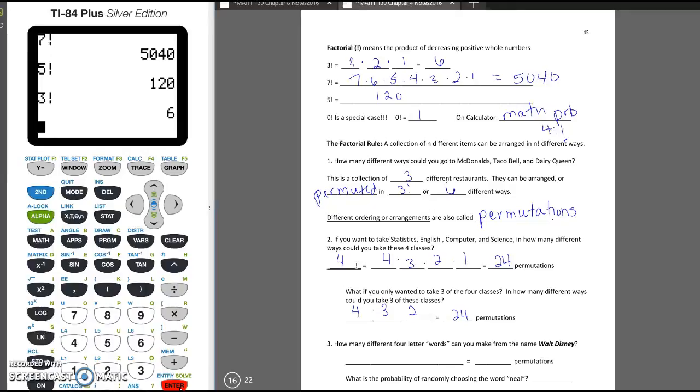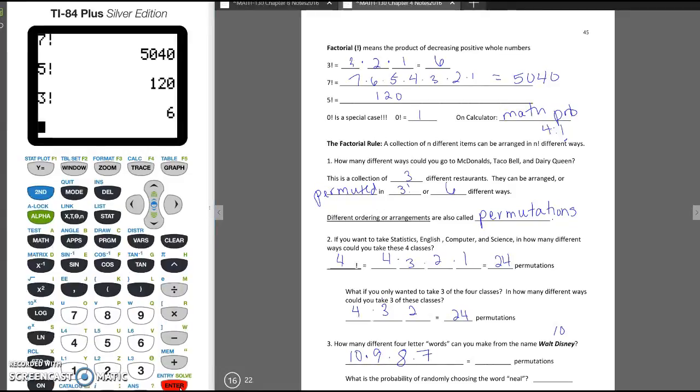Because whatever that last class would be would be given. So another way that you could say it is, how many different 4-letter words could you make from the letters Walt Disney? Now, if you count the letters, there are 10 different letters here. So if we just randomly chose one, there would be 10 choices for the first letter, 9 choices for the second, 8 choices for the third, and 7 choices for the last one.